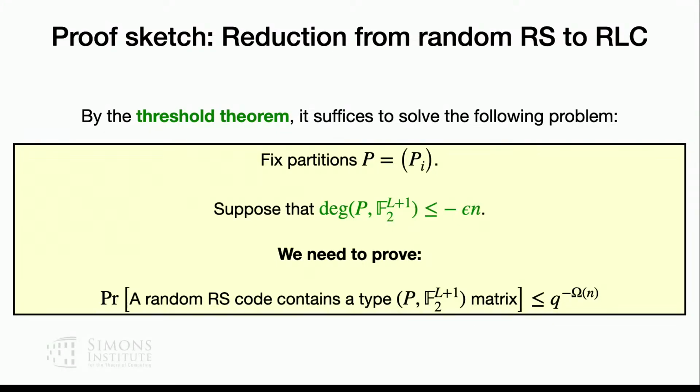For this example, assume that we have a list of partition constraints, and we want to know whether there exist, in the Reed-Solomon code, L+1 vectors that satisfy these partition constraints, and crucially, that they do not have any non-trivial linear relations between them.